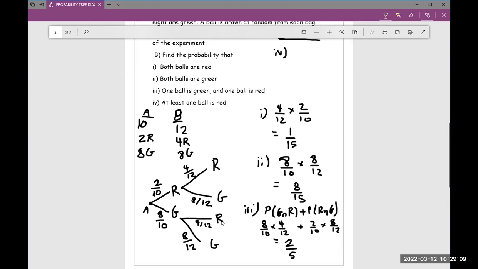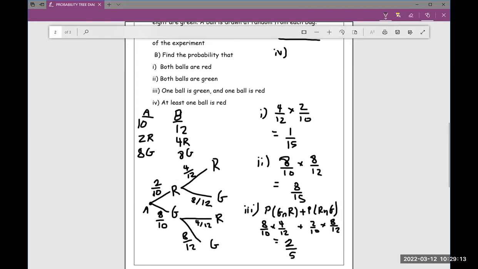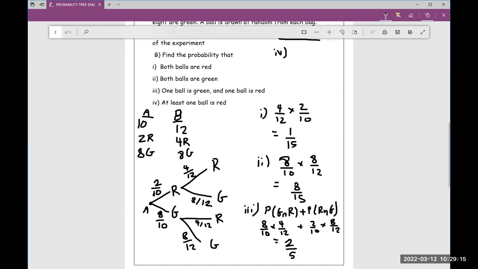At least one ball is red. What does at least mean? Means that it can be red, red, red, green, or green, red. Very good. Or I wanted to hear you say it could be this, then it could be one minus the probability of no red.